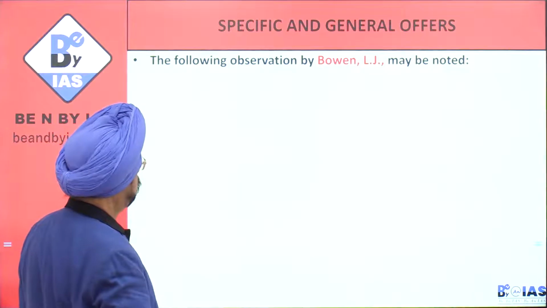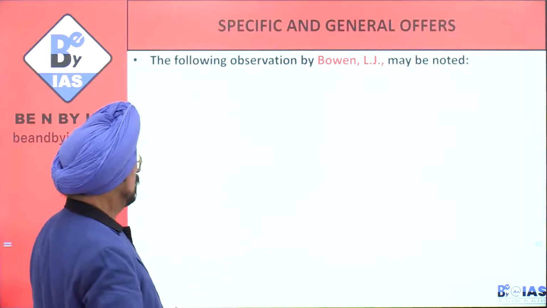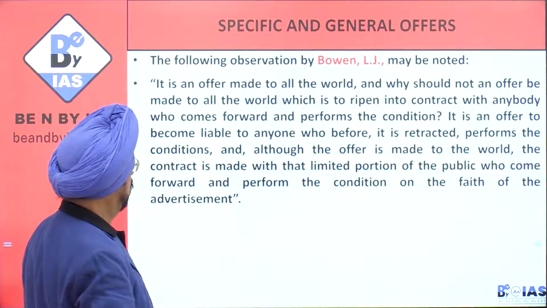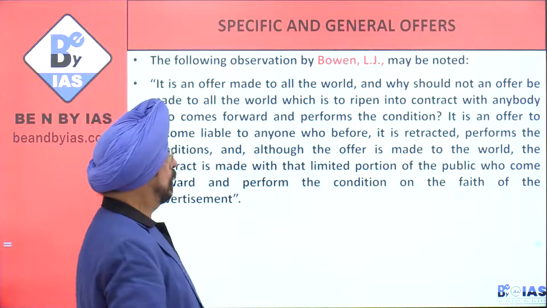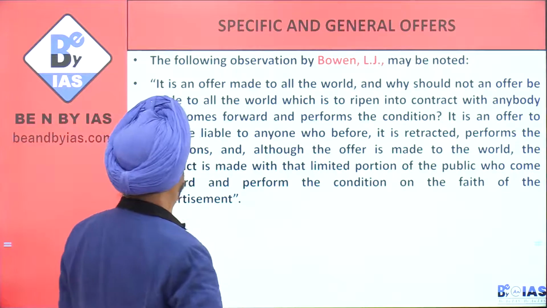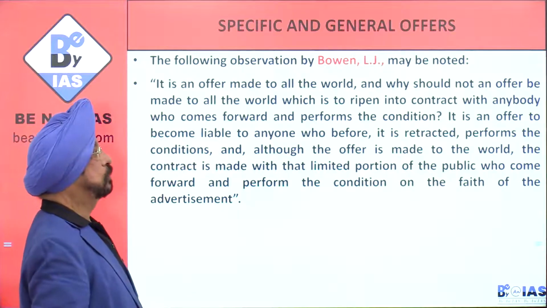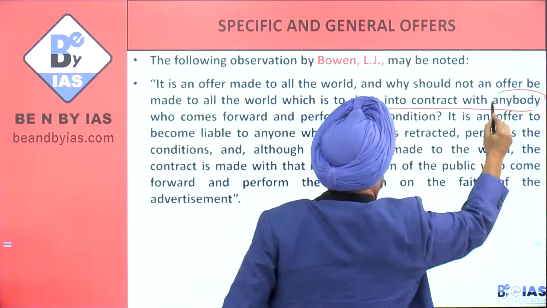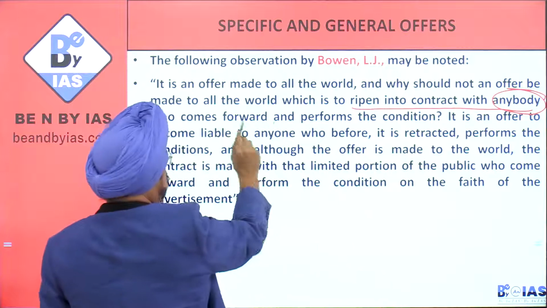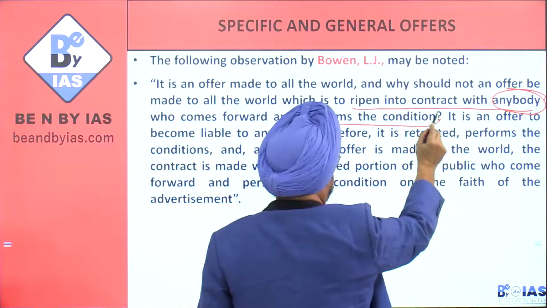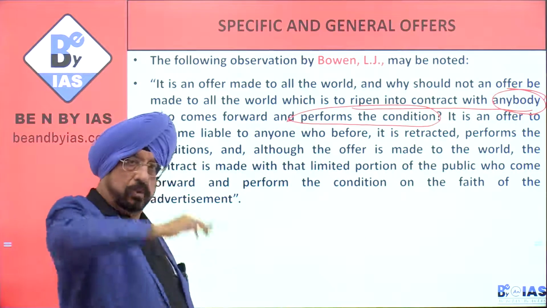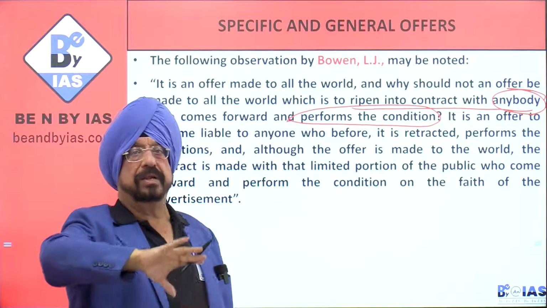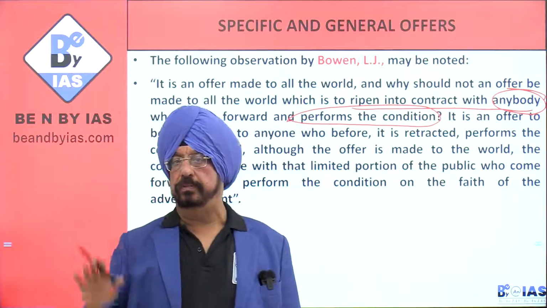Now, in this case, Lord Justice Bowen says, it is an offer made to all the world, and why should not an offer be made to all the world, which is to ripen into contract with anybody who comes forward and performs the condition. He asked this question, why should it not be so? If anybody comes forward, there is nothing wrong with the general offer.